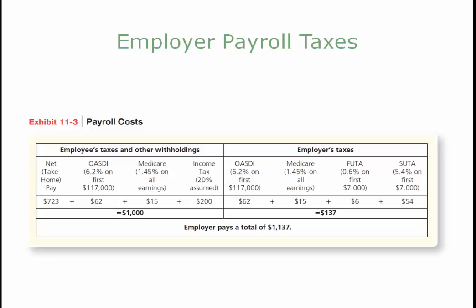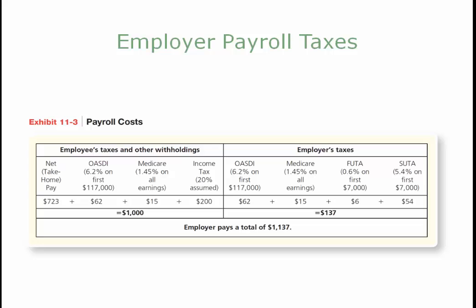So we will have to do a total of 1,137, but you would really do this in two separate entries. You would do the employer taxes, which are called payroll tax expense, and the employee side are just deductions off of their check. So the sum total, the stuff on the left, the 137 is going to be a debit to payroll tax expense.